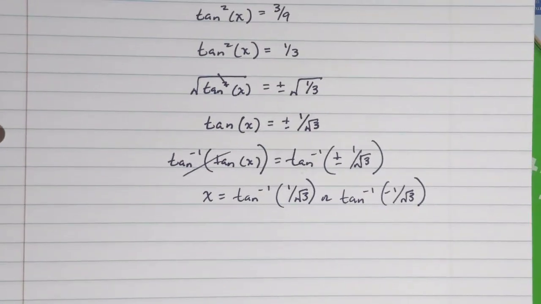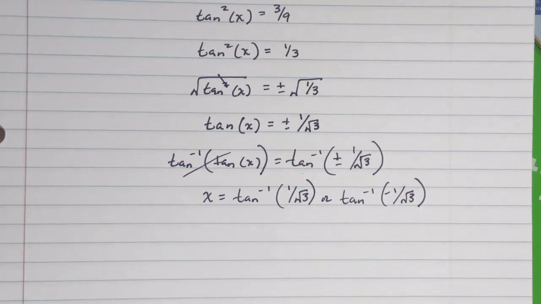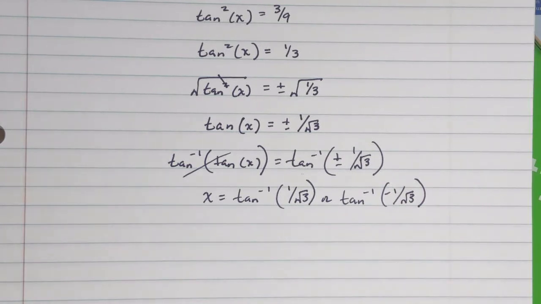So now, let's think about that. When you put that in your calculator to get tangent inverse, or you can think about what value is going to get you 1 over square root of 3, which is also square root of 3 over 3, that's only giving you a reference angle.